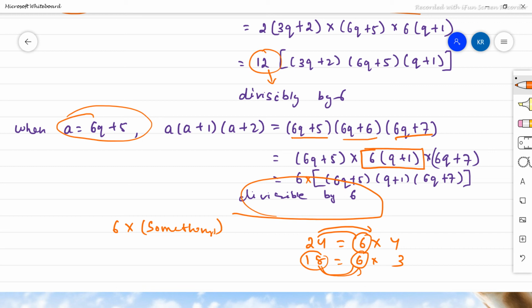The same logic is used here. Everywhere we are trying to get 6 into something, and the something can be anything. So we just have to show that the product is 6 multiplied by some factors. Hence the product of three consecutive numbers is always divisible by 6.